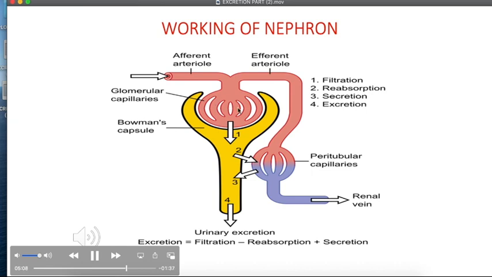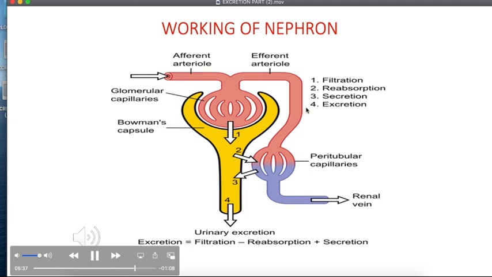Inside the Bowman's capsule, the blood pressure is quite high because here the blood capillaries have a smaller lumen, but in the afferent arteriole, the blood capillaries have a wider lumen. So in the glomerulus, the process of filtration happens, in which small molecules such as water, glucose, salt and urea are squeezed out of the blood into the renal capsule.